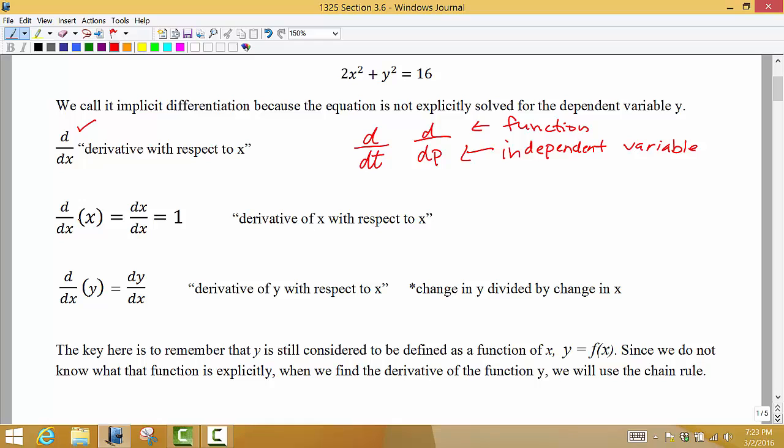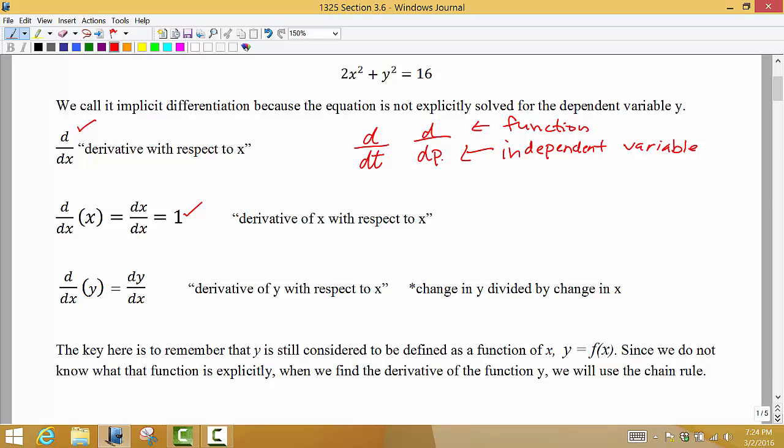One thing that we want to note is that the derivative of x is 1. We've been taking the derivative with respect to x all along. If you think about it, we're taking the derivative of x with respect to x, dx dx. Of course, anything divided by itself is 1, so we usually don't write that.